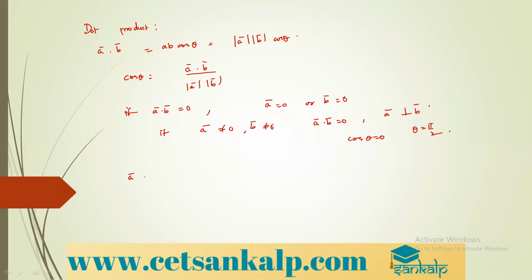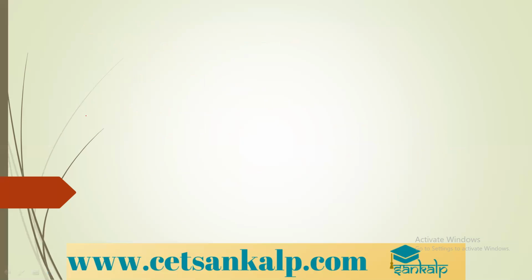If A and B are like vectors, then A dot B will be equal to magnitude of vector A into magnitude of vector B, that is, it will be equal to AB. Similarly, there are many points regarding the dot product.